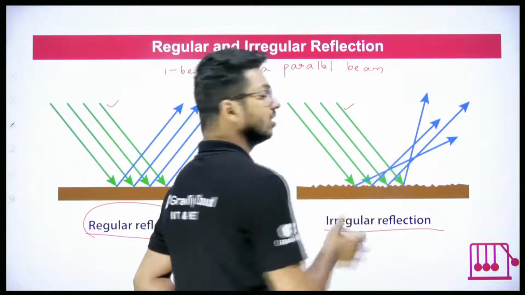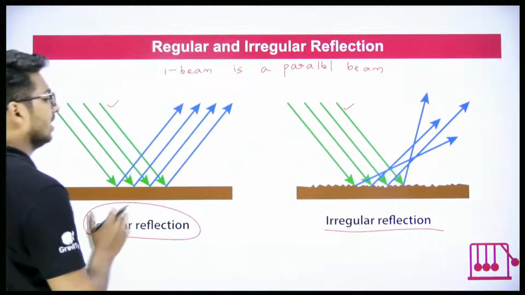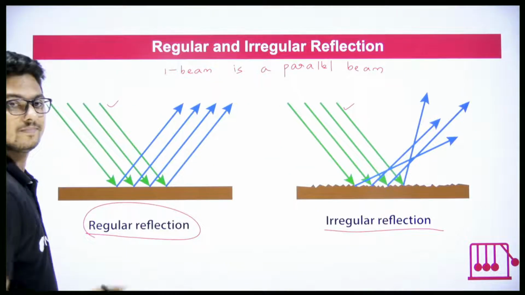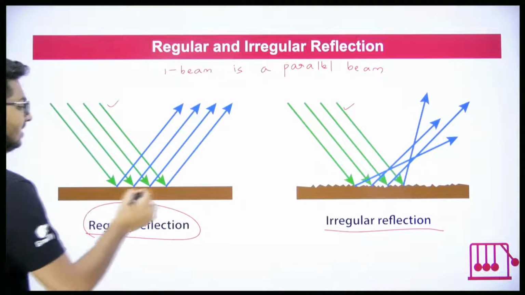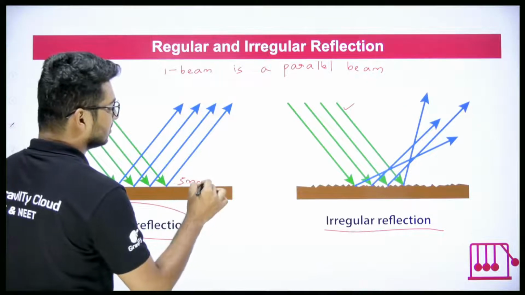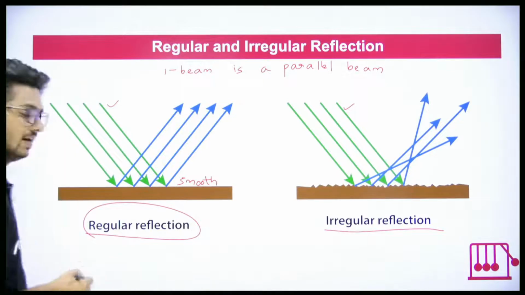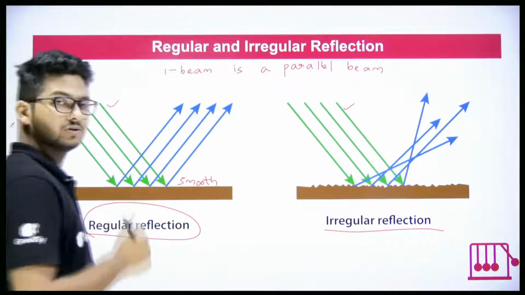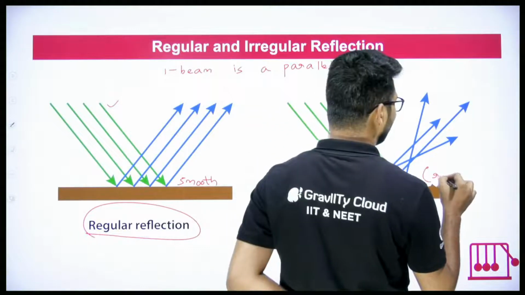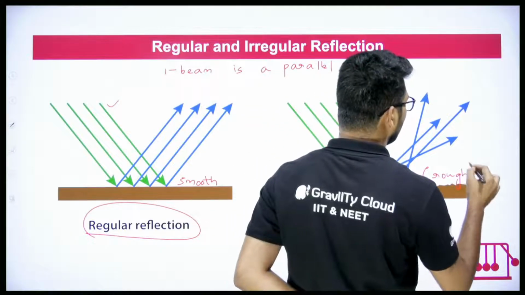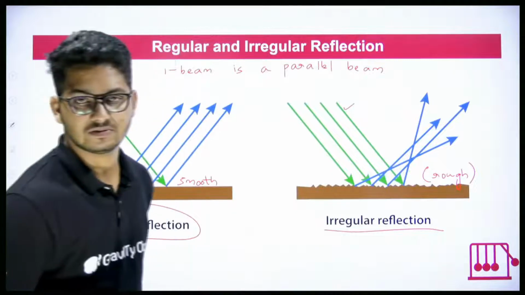Okay, that is a basic difference. And the image will show you one more important point. Here you have a smooth surface in case of regular reflection. In case of irregular reflection, you have a rough or irregular surface.